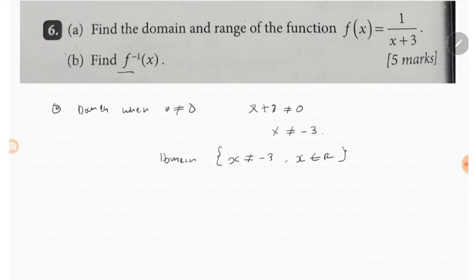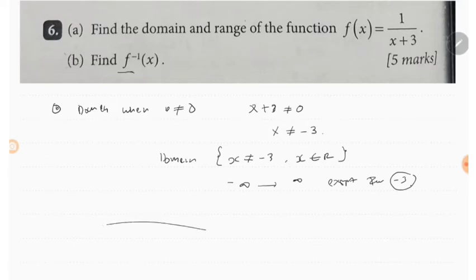It means that x is all numbers from negative infinity to infinity except for -3. So -3 is not included. In the graph we call this an asymptote. An asymptote is a line that the curve doesn't touch. It makes something like a hole.